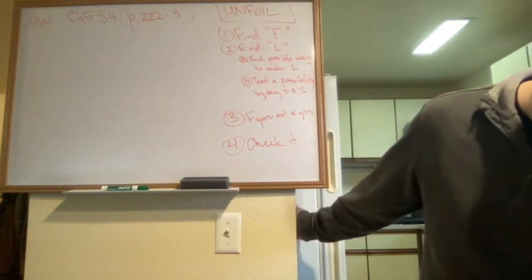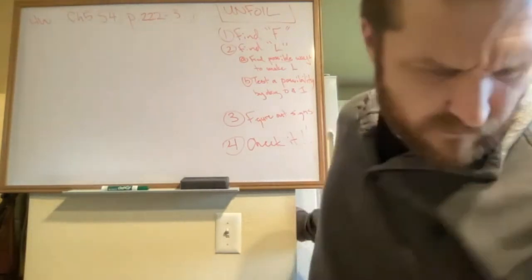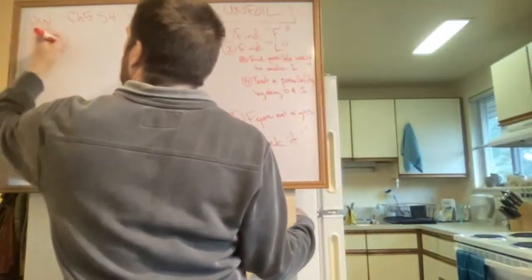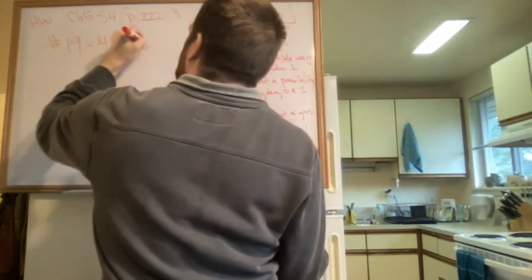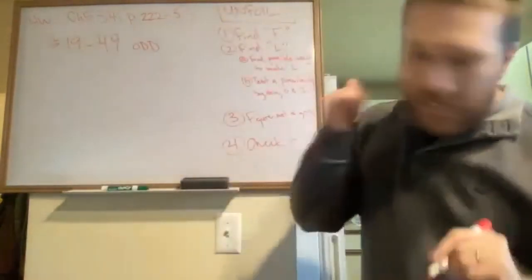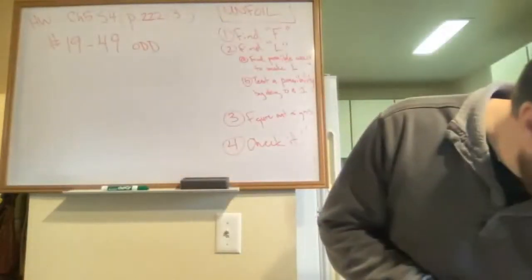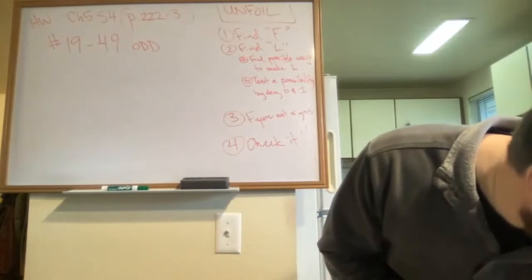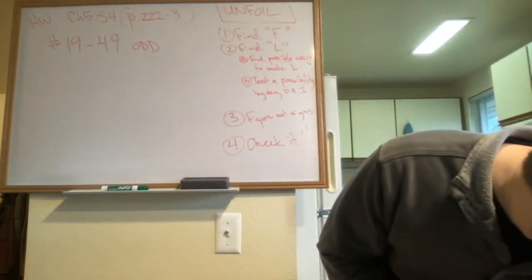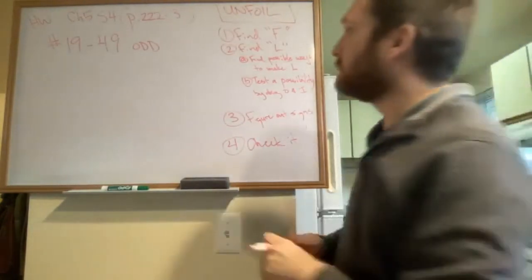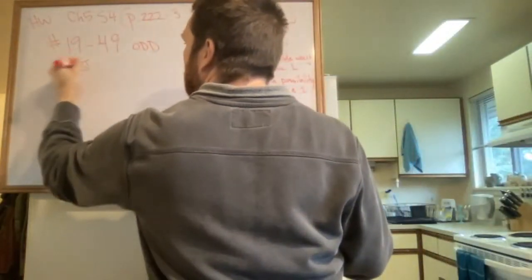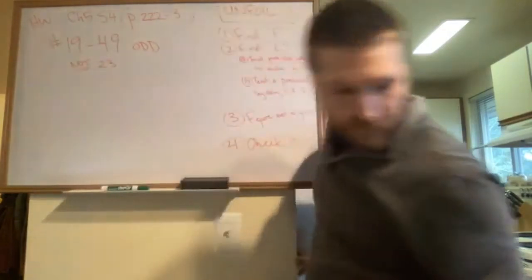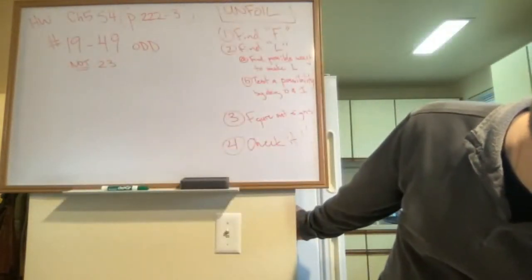Odd. So that is 19 through the odds from 19 to 49. Let me just make sure that I didn't. Oh, wait, not 23. Sorry. Not 23.